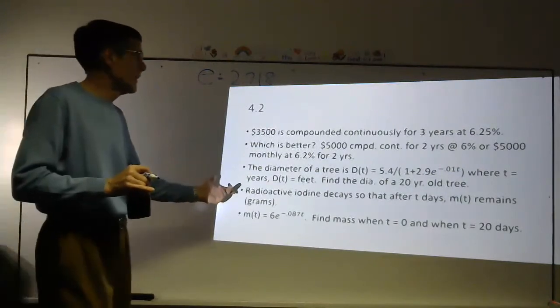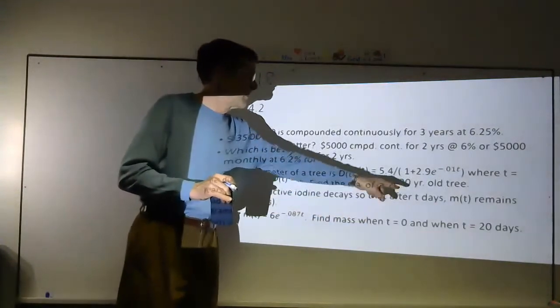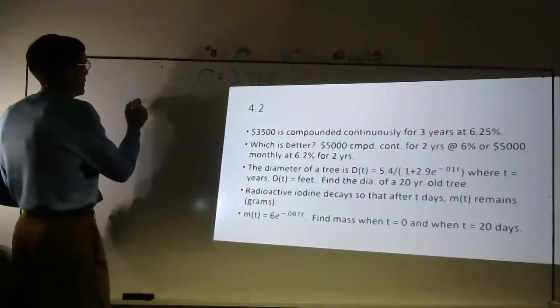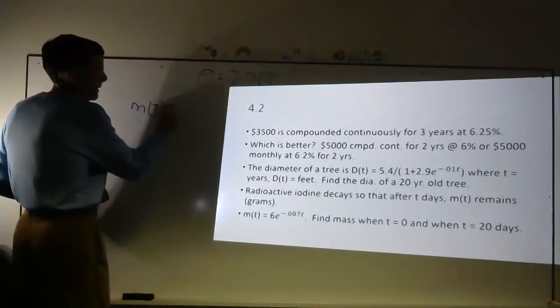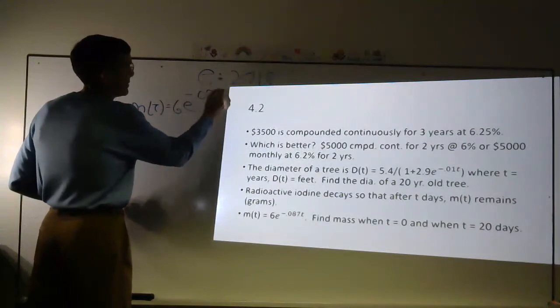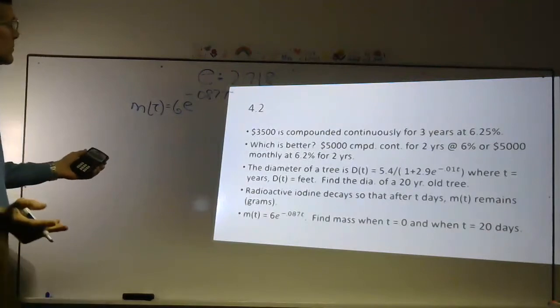So radioactive iodine does that. We want to know, find the mass when T equals 0 and T equals 20 days. So here's your formula. M of T is equal to 6e to the negative 0.087 T. Okay? So find the mass when T equals 0.